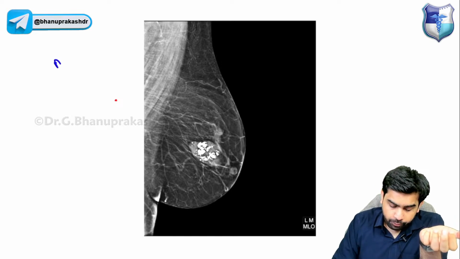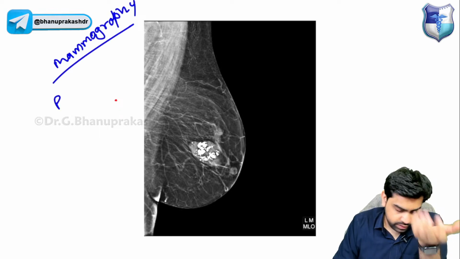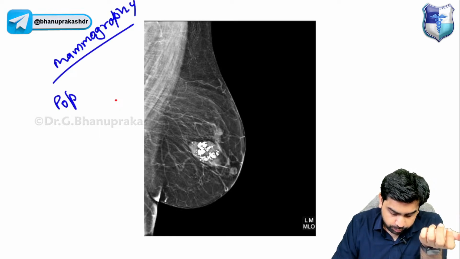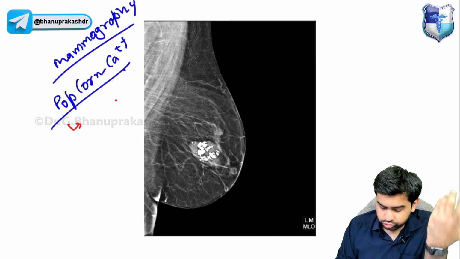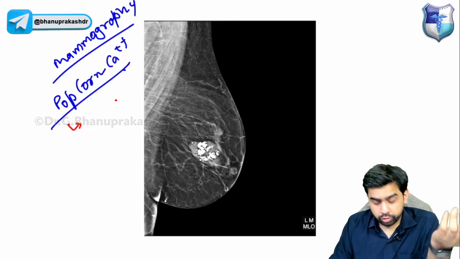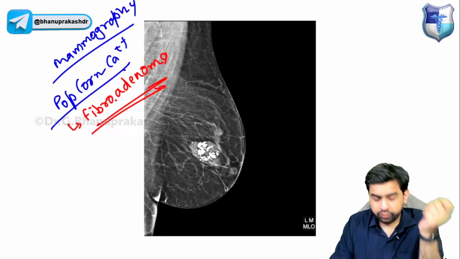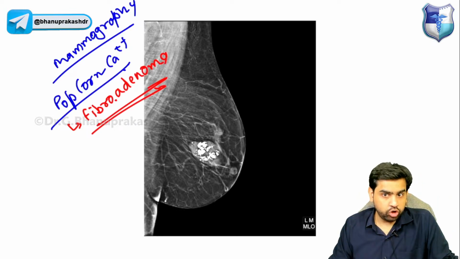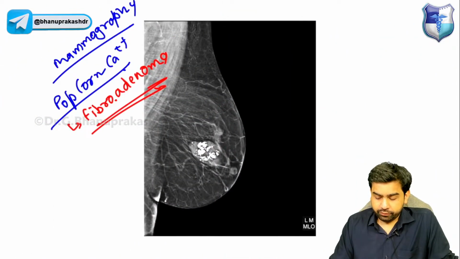This is a mammography done in the patient, and what you're seeing is popcorn calcification. It's a benign condition, and what you basically have is a fibroadenoma. Understood? Got it?